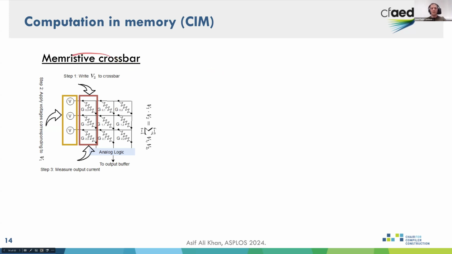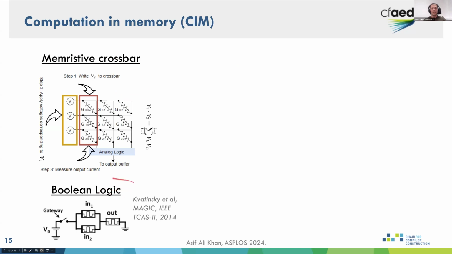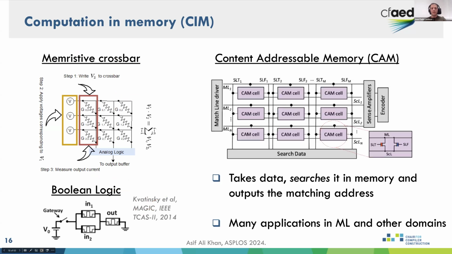For instance, in memristive crossbars for computing dot product or matrix multiplication, or Boolean logic, as Shannon presented before using the MAGIC paradigm, and also content addressable memory, which is the focus of my talk and the focus of our work here.